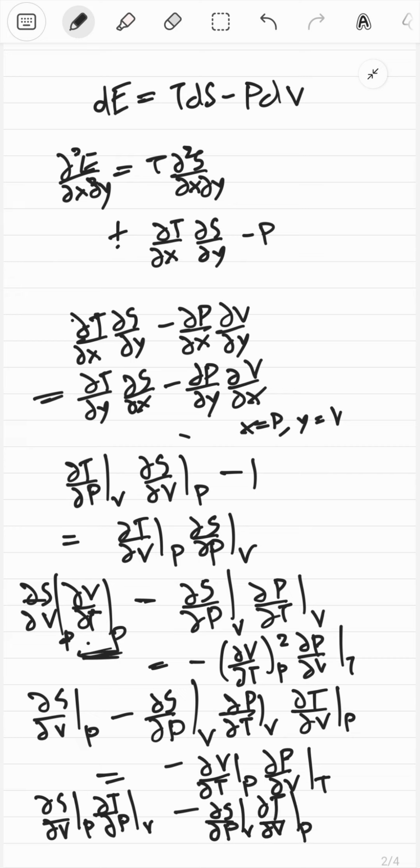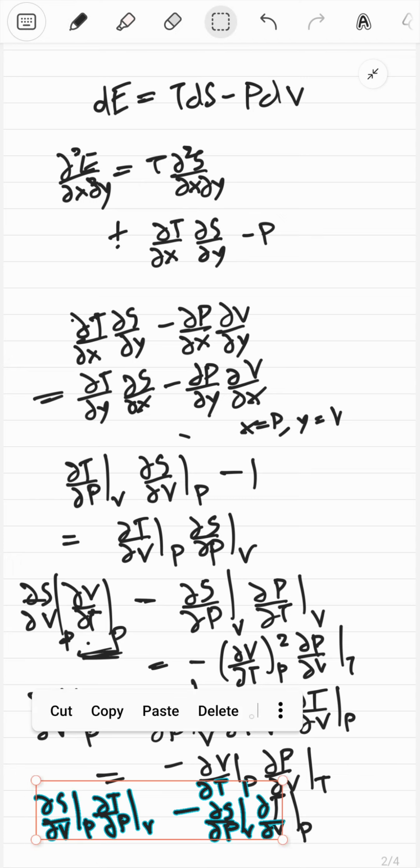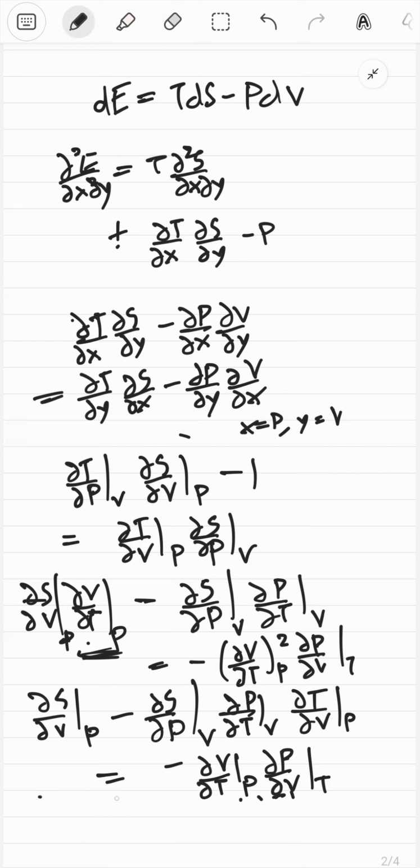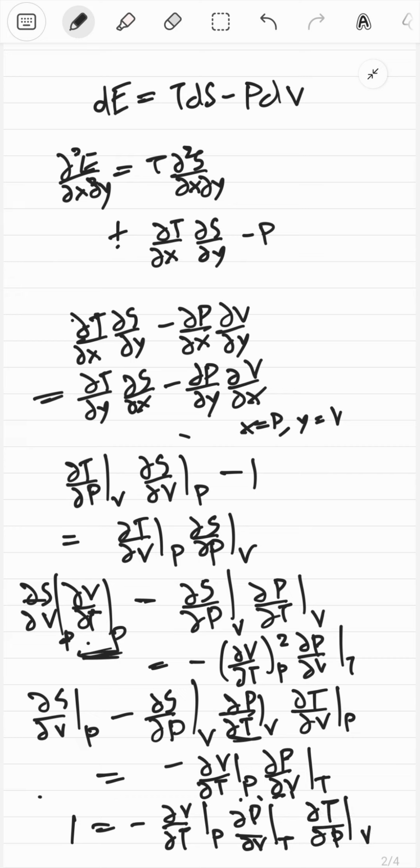Right, what is that quantity, by the way? It's just 1. I deleted some stuff which wasn't supposed to be deleted. So you are essentially saying that 1 equals minus partial v by partial t at constant pressure, partial p by partial v at constant temperature, and then the reciprocal of this term, which is partial t by partial p at constant volume, and that's exactly the chain identity they call it. And we want to prove this true.